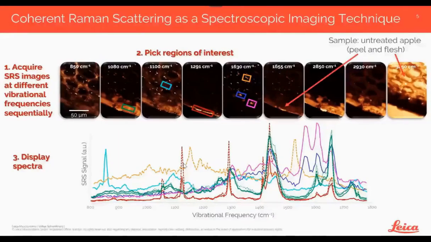So we have two dichroics in our system that we use for different ranges of vibrational frequency. We have one dichroic that is suitable for the wave number range above 2000 wave numbers. So this covers the entire CH stretch region. And we have a second dichroic that is suitable for the wave number range between 2000 and down to 1200 wave numbers. So this is suitable for acquiring fingerprint spectroscopy data.